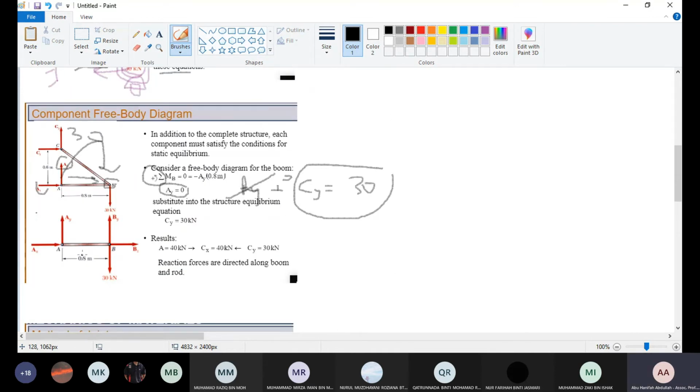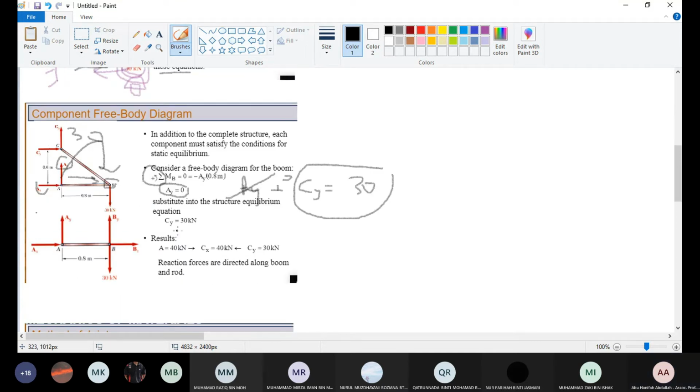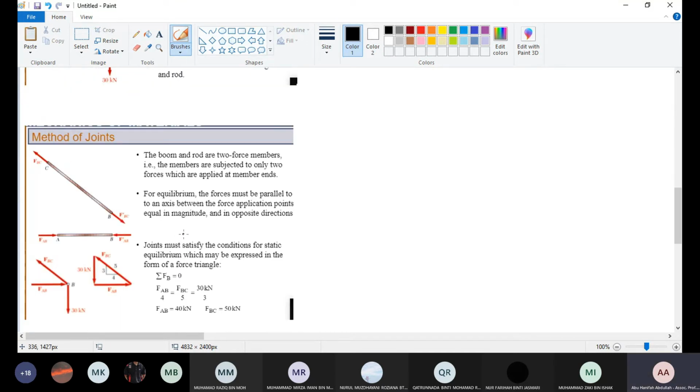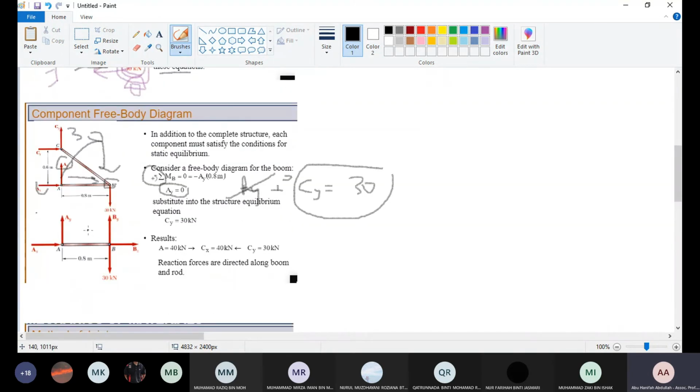We know already the forces CX and CY, so we can conclude the component force along CB and along AB. Along the CB, we have to do a bit of calculation because the force along BC is the resultant of CX and CY.